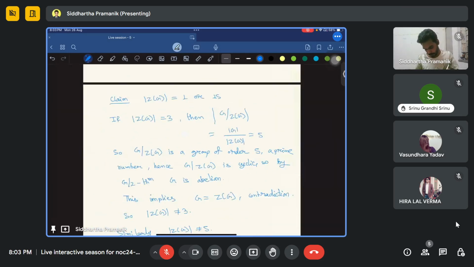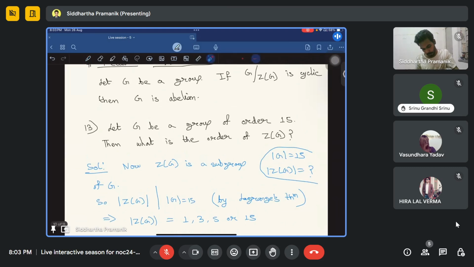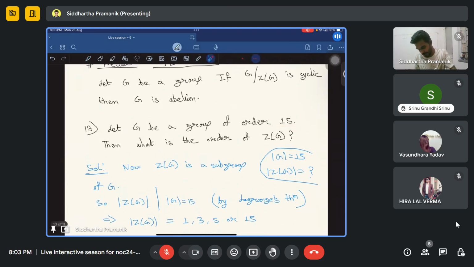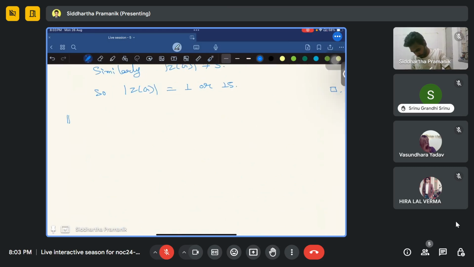Okay. So in fact, we started with a group of order 15. We can generalize this. Let me write down the general version as a remark.